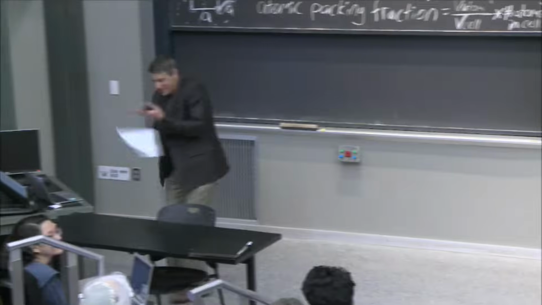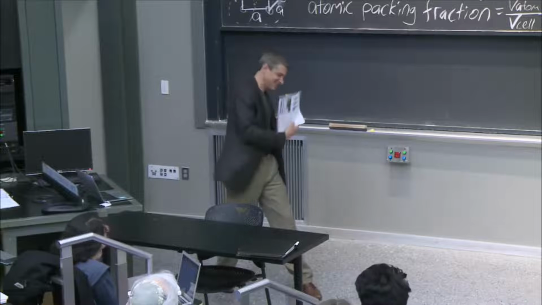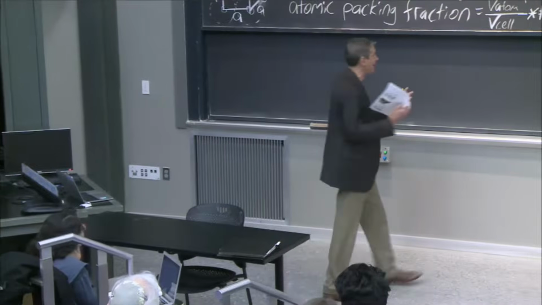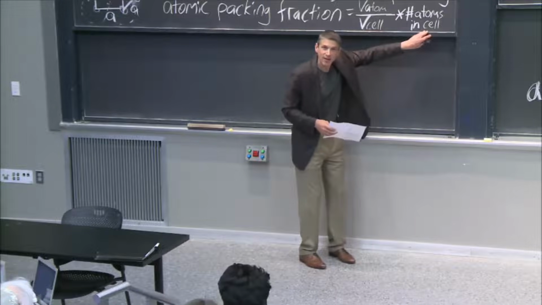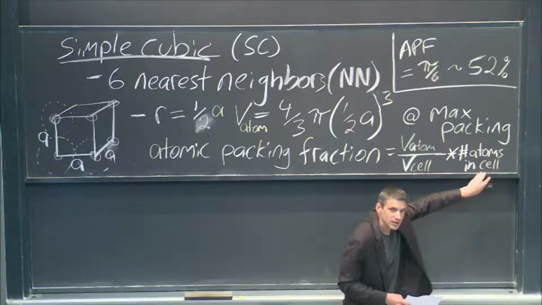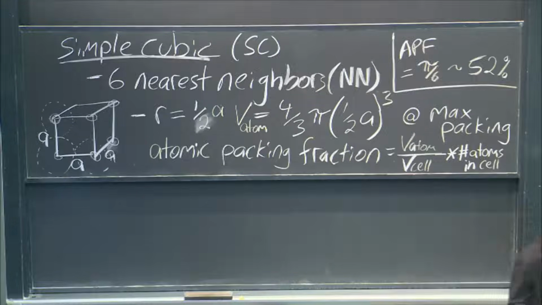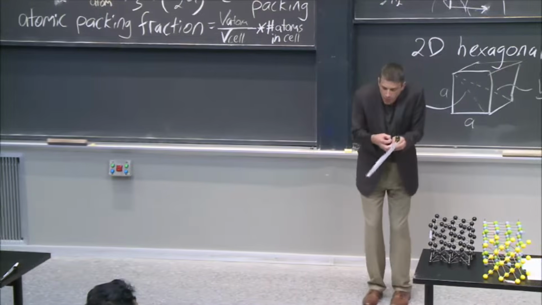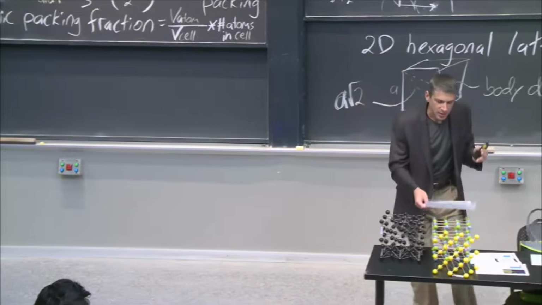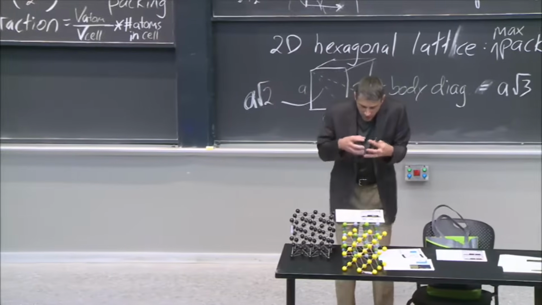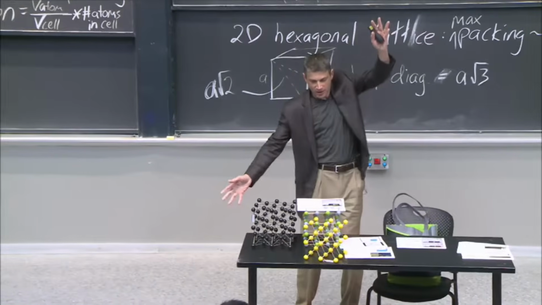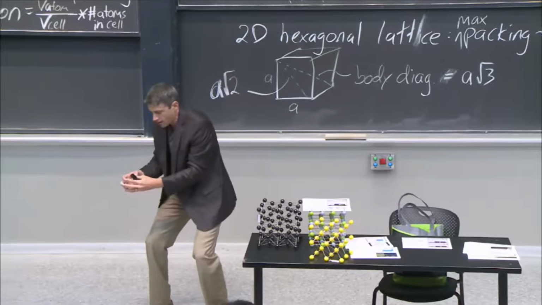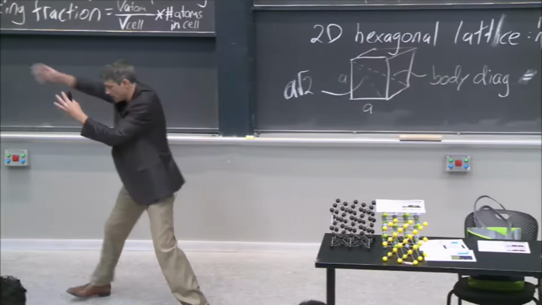Okay, so you see how that's so cool, right? And you're figuring out how many atoms are in the cell. You say, well, why didn't you just put the atom in the middle? You could do that, but then it's not at the point, right? So you've got to understand the concept of the lattice: whatever I put here, wherever my vectors go, that's what I put there, and there, and there.